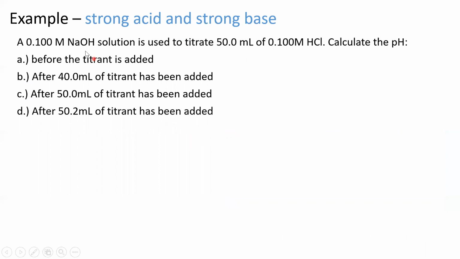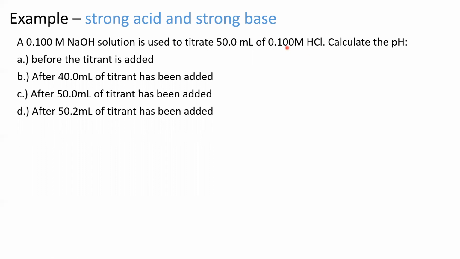So for this example, we have 0.100 molar sodium hydroxide, and we're going to titrate it with 50 milliliters of 0.100 molar hydrochloric acid. So this is what we're starting with in our flask, 50 milliliters of 0.100 molar hydrochloric acid.